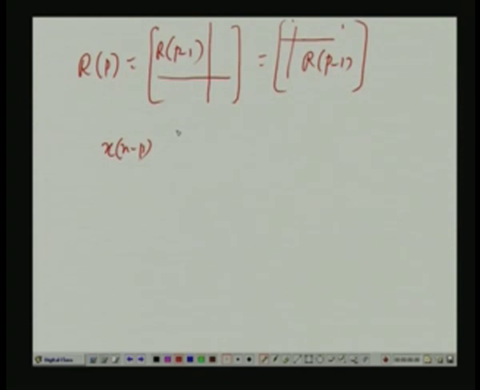What are the p future values? x[n-1] up to x[n-p+1].